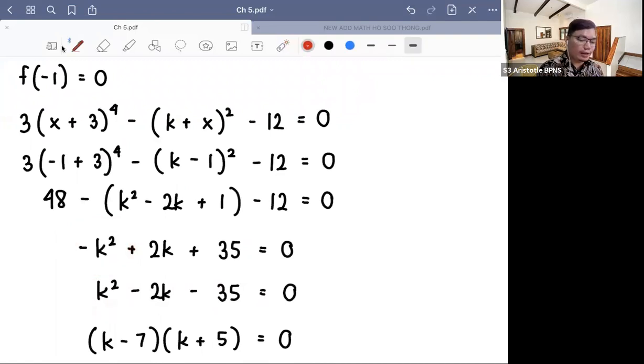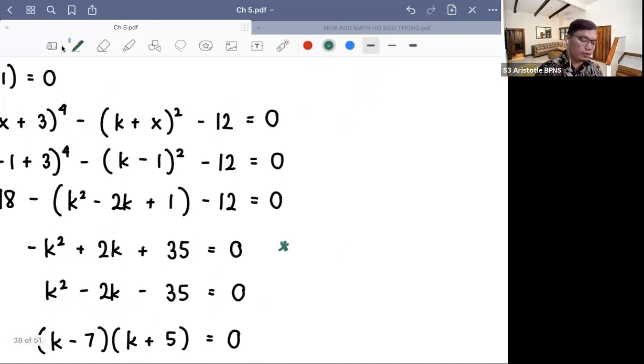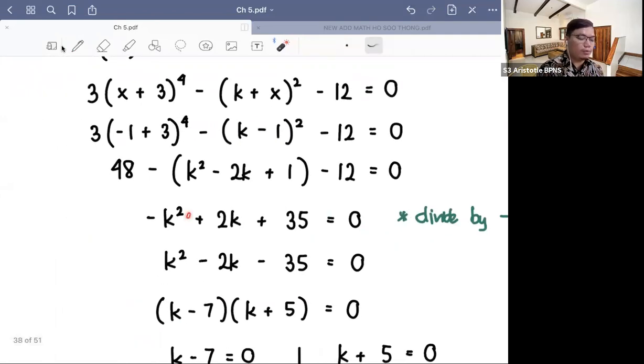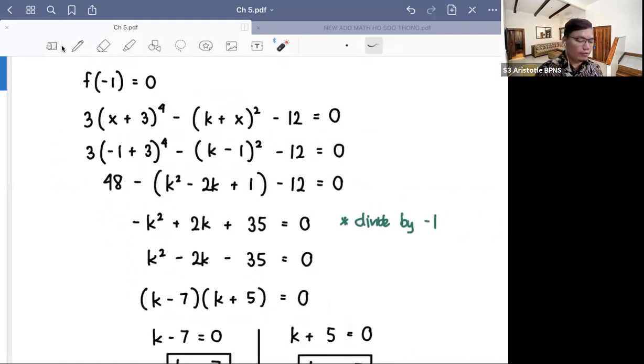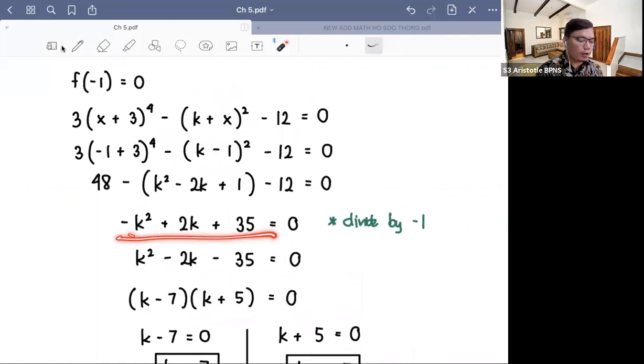What I did here is, you can divide or multiply, let me just use division. I divided it by negative 1. And what's the purpose behind that? Because I want my k squared to be positive. So I divided the whole equation by negative 1. So it became k squared minus 2k minus 35 equals 0.